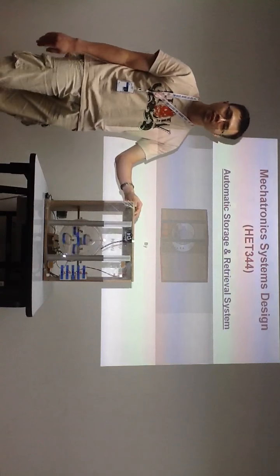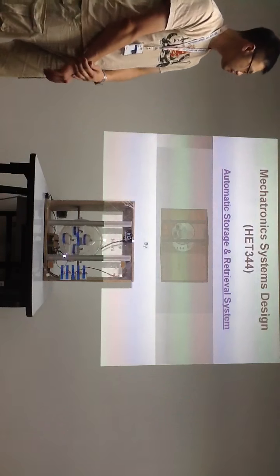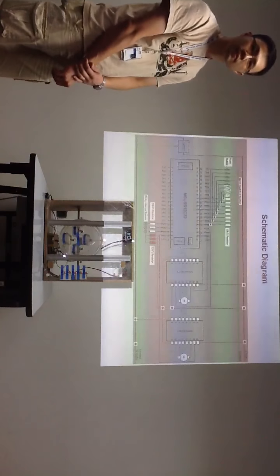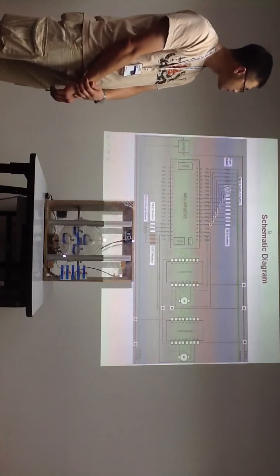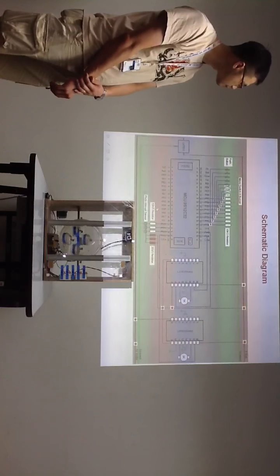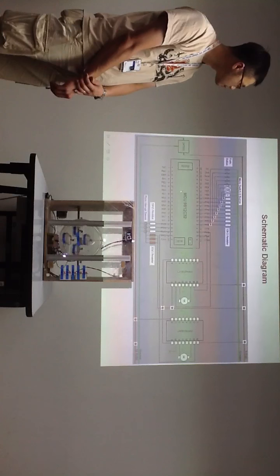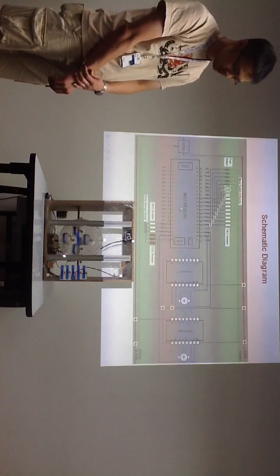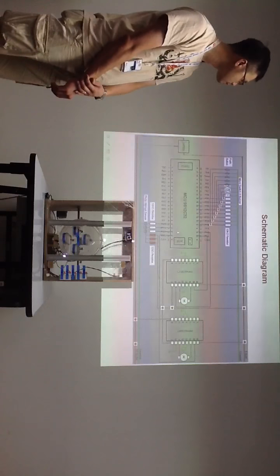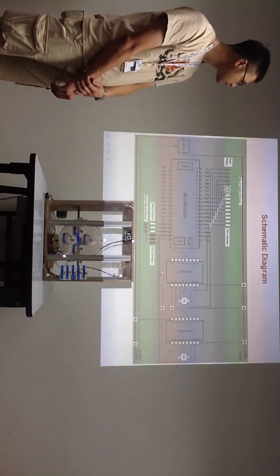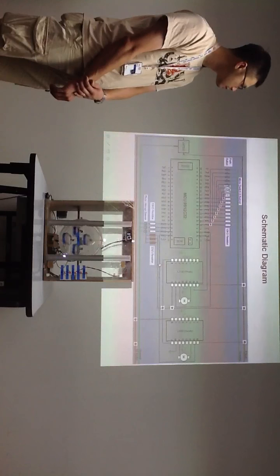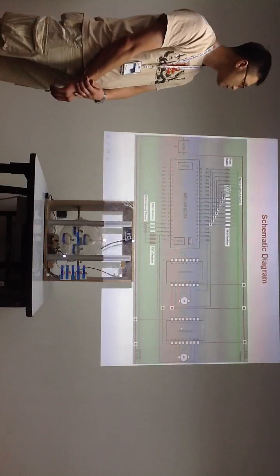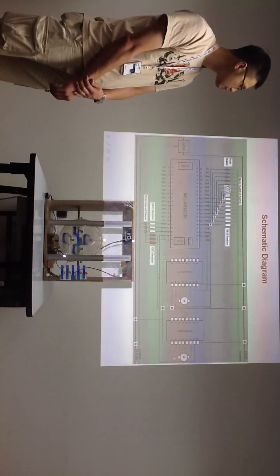Yes. For the electronic portion, I will explain through the schematic diagram. This is our schematic diagram for this project. We are using the 9S12C32 microcontroller from Freescale, and H-bridge ICs. There are two H-bridge ICs, and we are using a 12-volt DC motor and a 5-volt servo motor.